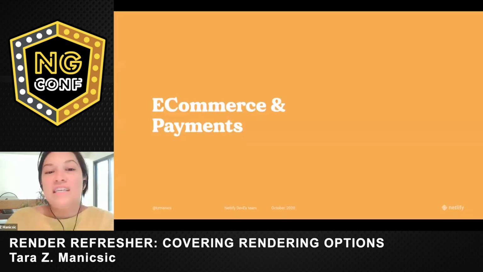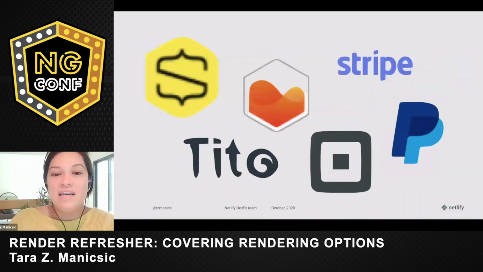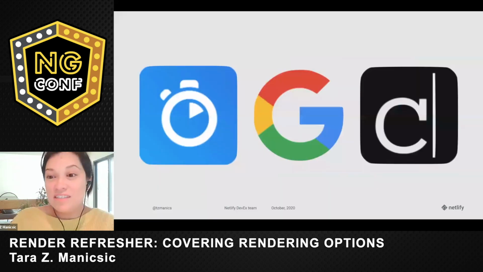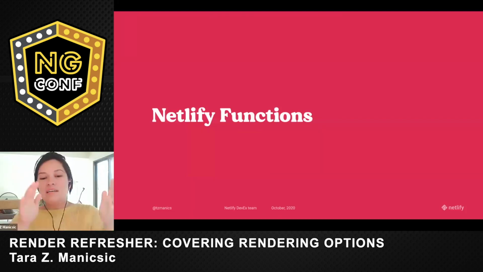You can even do e-commerce with things like Snipcart and Stripe and PayPal and Square, and even search with things like Algolia, and even doing Google custom searches and Cloud Search. So I wanted to talk about those so that you just had a really quick grasp of the actual functionality that you can perform by being able to use those serverless functions.